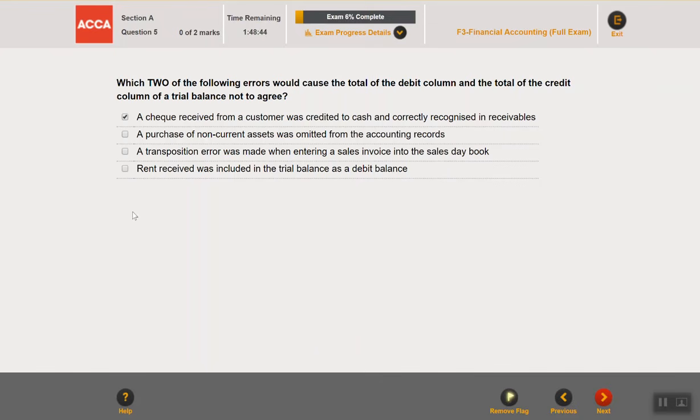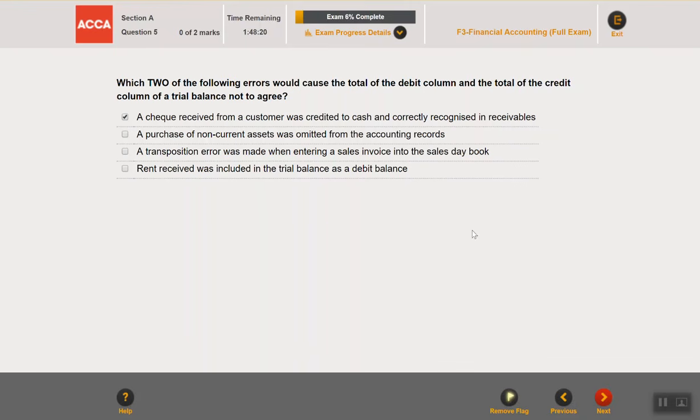Next, the purchase of a non-current asset was omitted from accounting records. Error of complete omission does not affect the trial balance. A transposition error was made when entering a sales invoice into the sales daybook. Okay, here is the trick. Sales daybook is a book of prime entry. So a book of prime entry does not make the trial balance imbalanced.